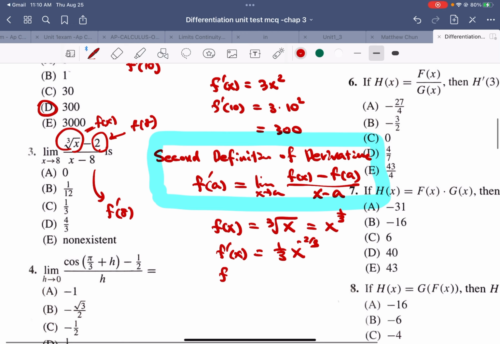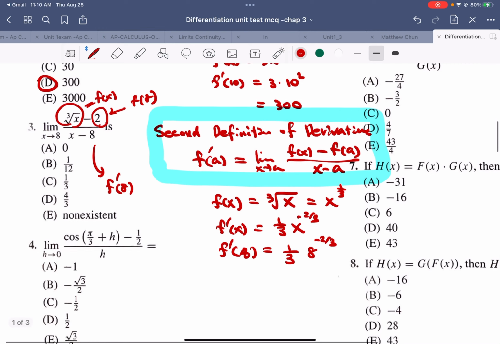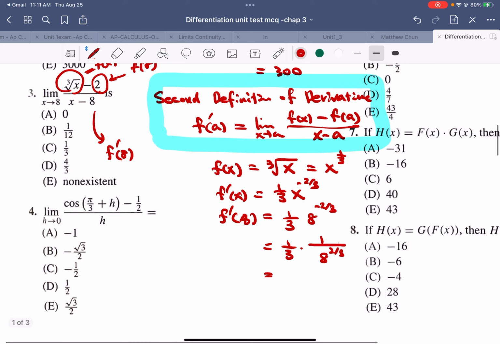Okay, so f prime of 8 equals 1/3 times 8 to the negative 2/3. How are you going to compute this? Because a negative power goes to the denominator, it's 1/3 times 1 over 8 to the 2/3. And 8 is 2 to the 3rd power.